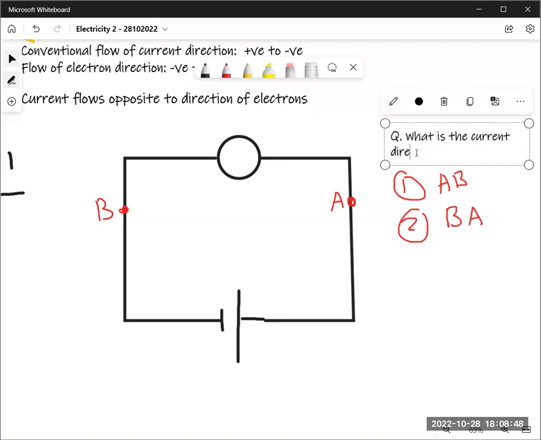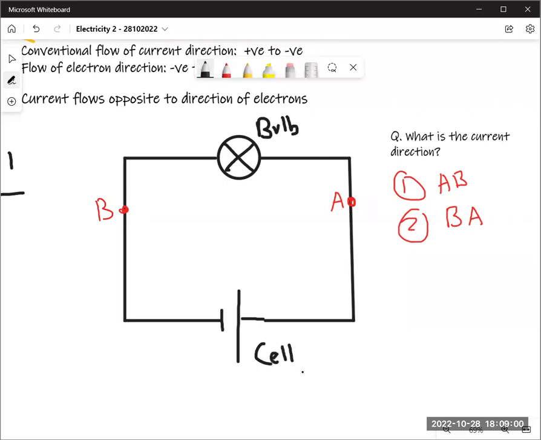Let's ask everyone privately. We have a bulb, this is a bulb, we know that, and this is my cell. Now, Safa, I want you to work with me.